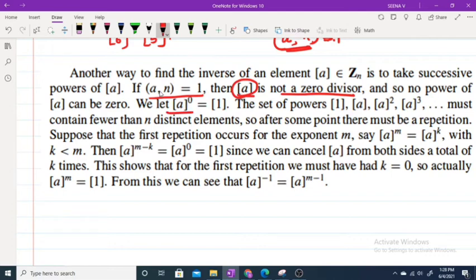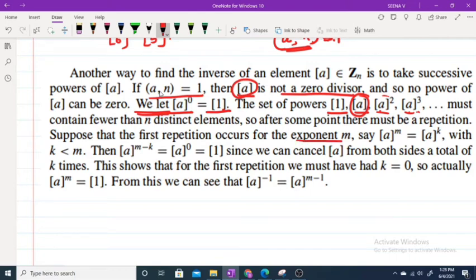We let a raised to 0 equal to 1, and then take all the powers: a power 1, a power 2, a power 3, etc. At some point, these elements may repeat, and we will check where the first repeat happens.